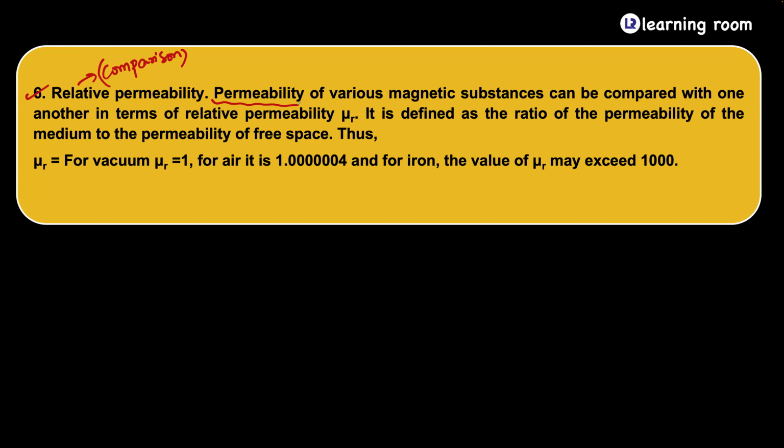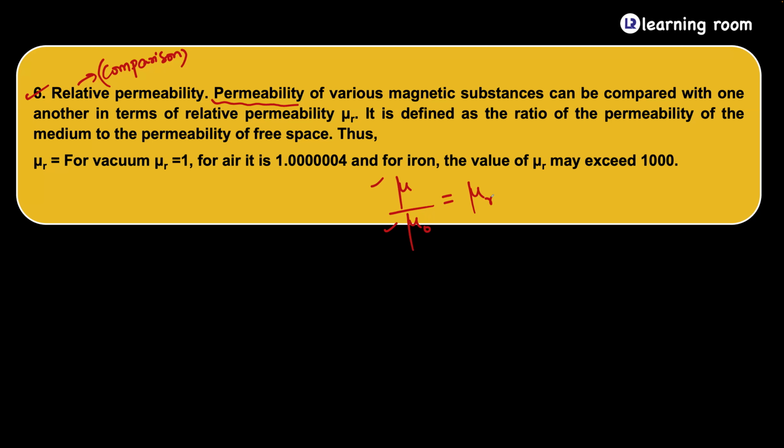Since permeability of a material defines the extent to which the magnetic field can penetrate through it, if you compare the permeability of a substance with the permeability of a known substance, that is vacuum, and define mu divided by mu naught, then this parameter is called relative permeability and is represented by the symbol mu with a subscript r. Is that clear?